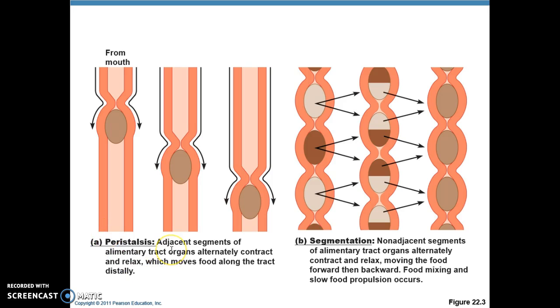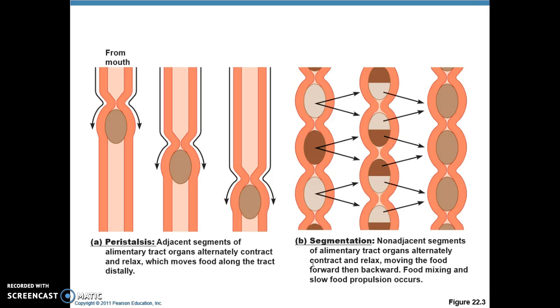You don't have to be able to describe or know specifically this definition here because it's a little bit confusing, but just know that the two layers of your muscularis externa, the circular and the longitudinal muscle, work together to perform what is called peristalsis, and that is how food or feces is moved through your GI tract. Then the next term is called segmentation.